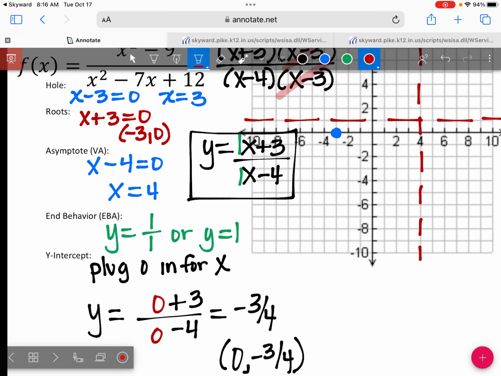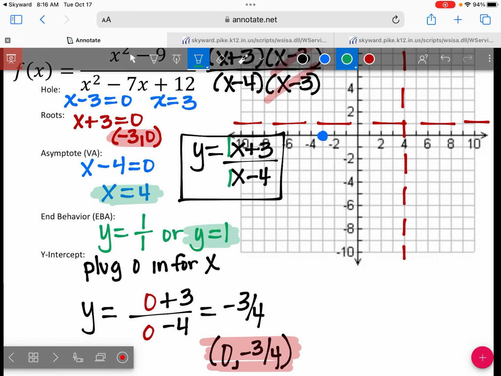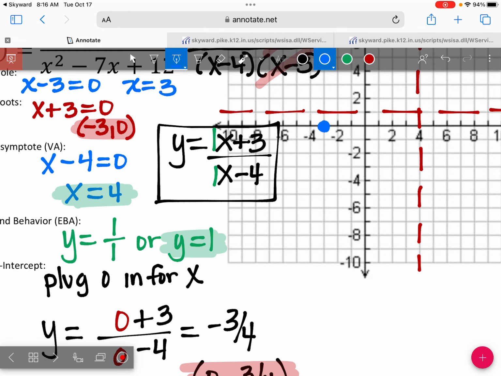What's written as an ordered pair are your roots and your intercepts. And then written as an equation are your asymptotes and your EBA. So -3/4 is just a little bit above -1. Put that on my graph.